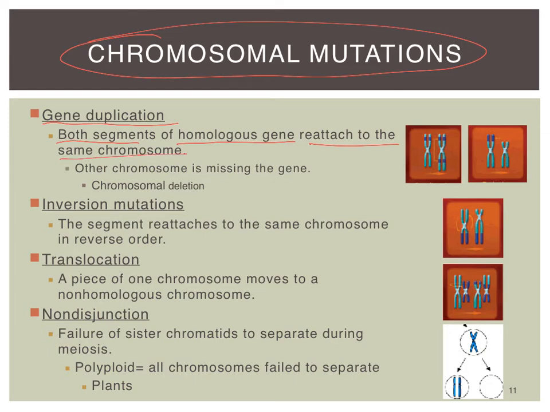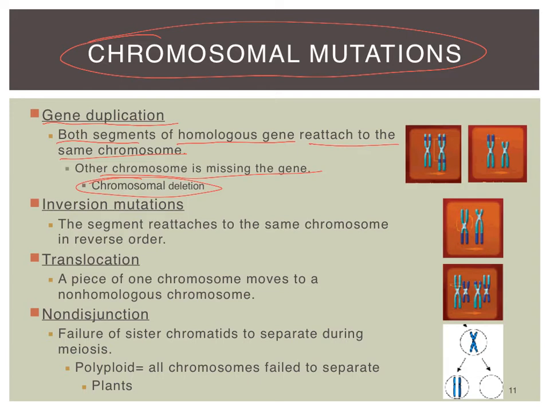So the other chromosome is missing some of the gene or missing some of the chromosome. And as a result, this is called a chromosomal deletion. One side has extra, like one homologous chromosome will have extra, and one will be missing.